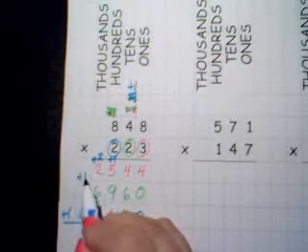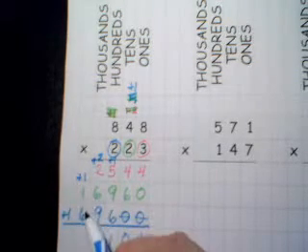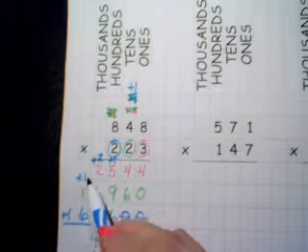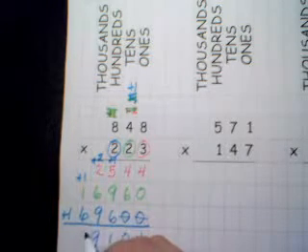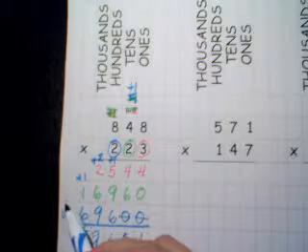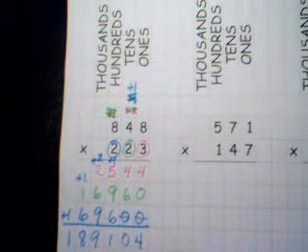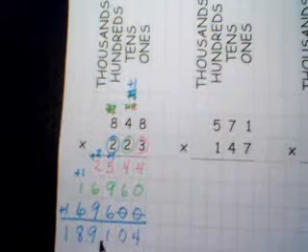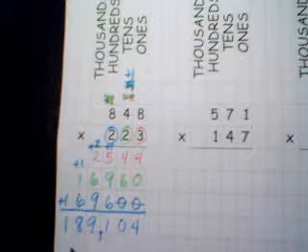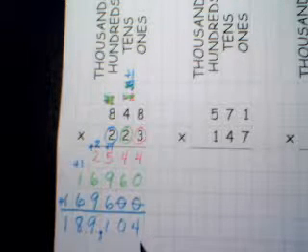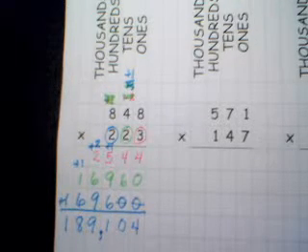Then we're going to put our plus 1 up there. 6 plus 1 is 7, plus 1 is 8. And then we have nothing to carry over here, so we just bring down our 1, and then we're going to put our comma in. So our answer is 189,104. Does that make sense?